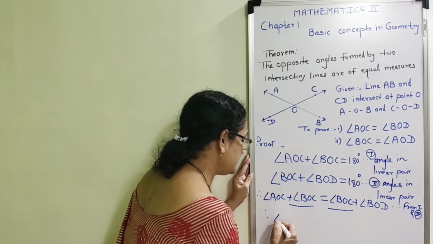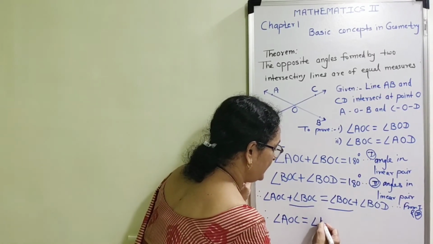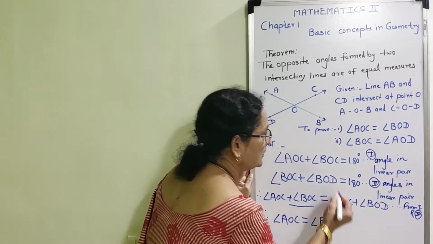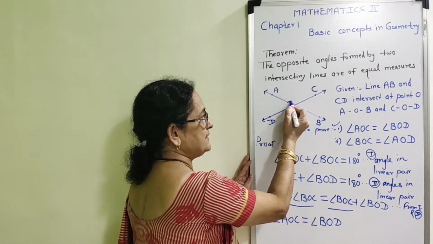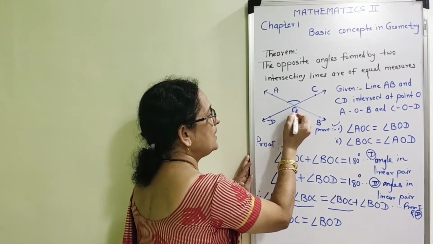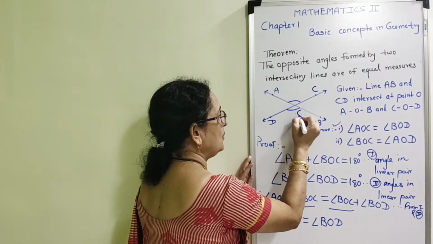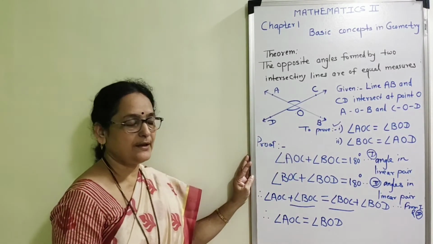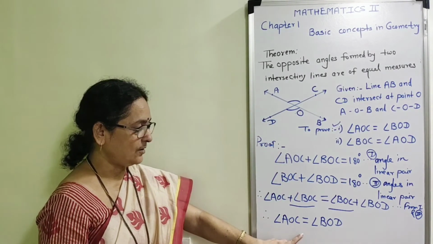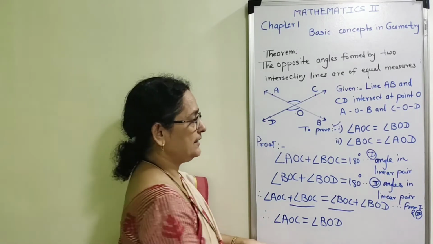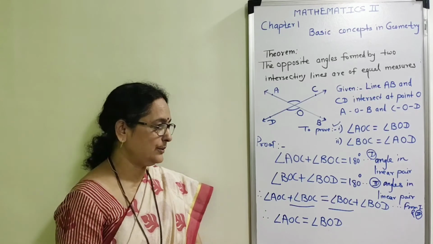Therefore, my next conclusion is angle AOC is equal to angle BOD. That is what I had to prove in the first statement: angle AOC is equal to angle BOD. These opposite angles of the given intersecting lines are equal to each other. Similarly, it can be proved that angle BOC is equal to angle AOD.